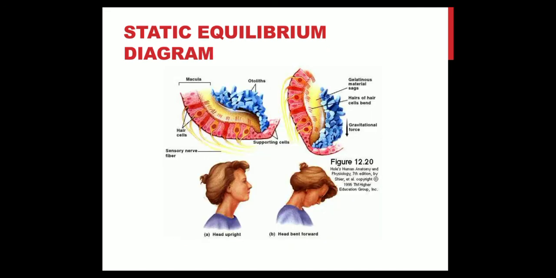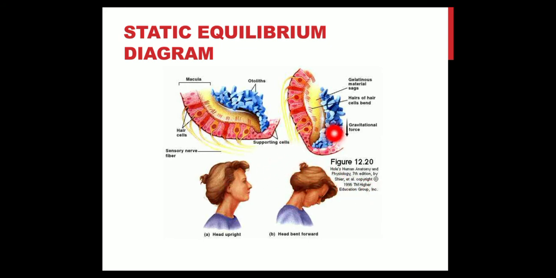This figure will make this clear. This is the macula, and these are the otoliths, the calcium carbonate particles, and these are the supporting cells. Here you can see the head is upright, and here the head is bent forward or backward, and it detects that.